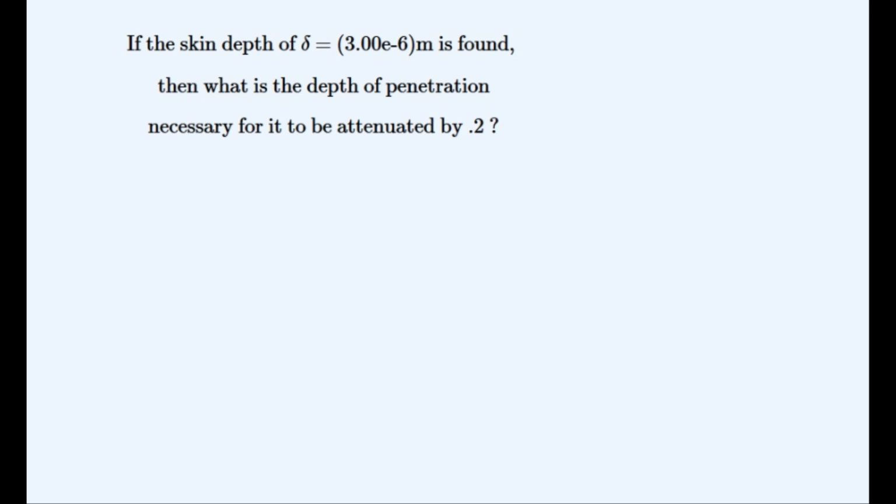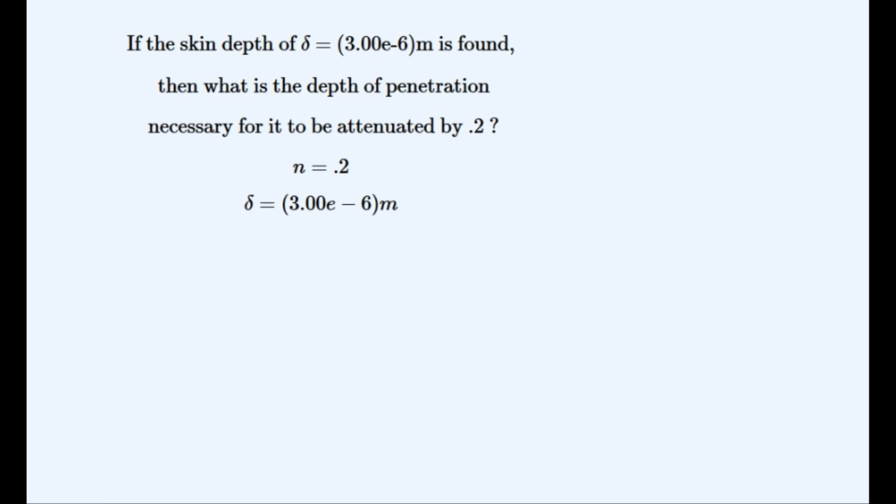And now in this question, we've only been given the skin depth and don't know the type of metal or frequency of the electromagnetic wave, and we have to find the depth of penetration to attenuate it by 0.2, or a fifth. We'll just write out the known quantities here.